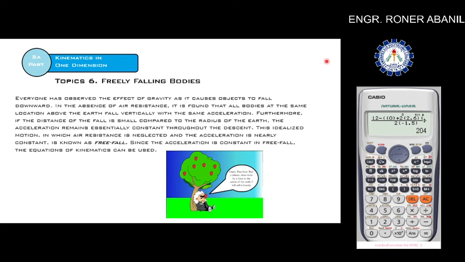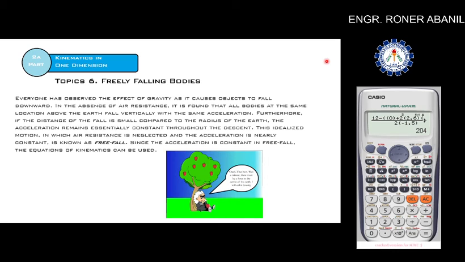mansana sa kanyang ulo. So, in the absence of the air resistance, it is found that the bodies at the same location of the Earth fall vertically with the same acceleration. Furthermore, if the distance of the fall is small compared to the radius of the Earth, the acceleration remains nearly constant through the descent.